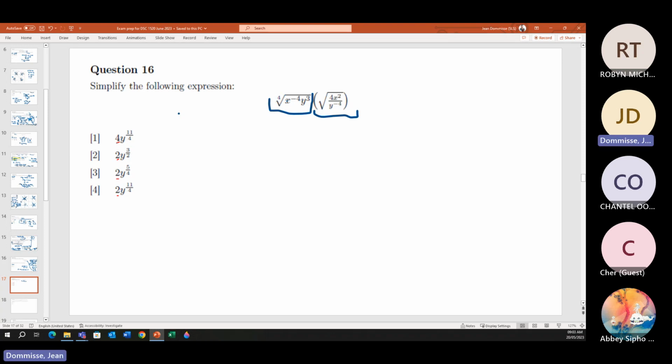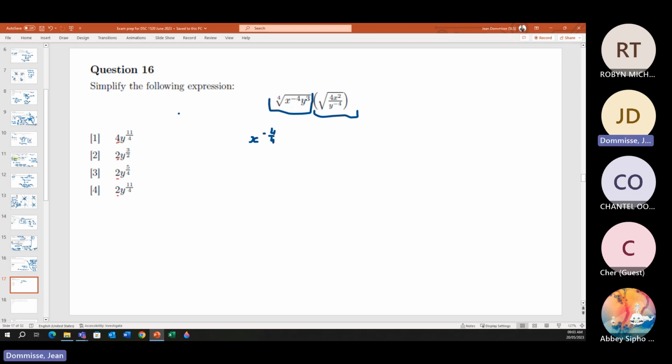The first one that I'm going to do is work with this. To put it in a different view for myself, there's a -4, there's a 4, so that is actually -4 divided by 4. So x to the power of -4 divided by 4.